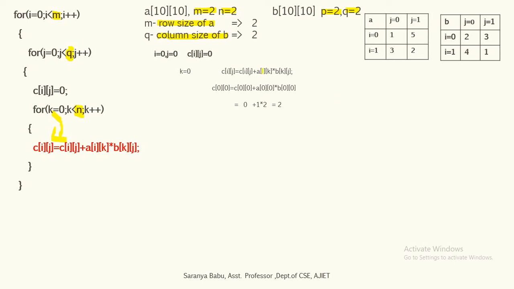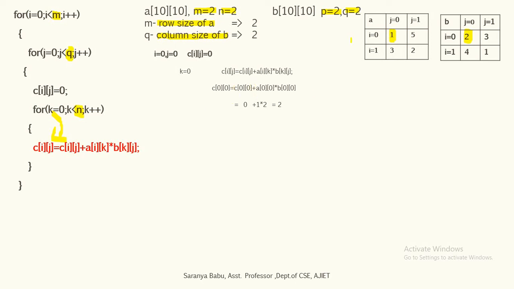A of i value is 0 and k is 0. That is, this first row's first element will be referred to and needs to be multiplied with b of 0, 0. 1 needs to be multiplied with 2, plus c of 0, 0 that we will mention.